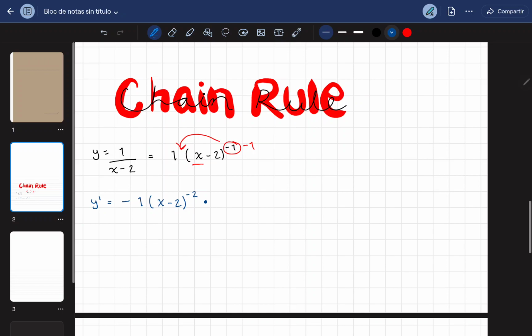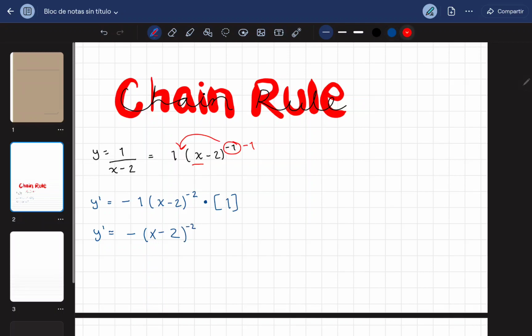And in this case, it is 1. Once we multiply this, if we multiply minus 1 times 1, it is minus 1. And remember, you don't have to really write the 1 because it is a multiplication. So you can write it like this, minus 2.